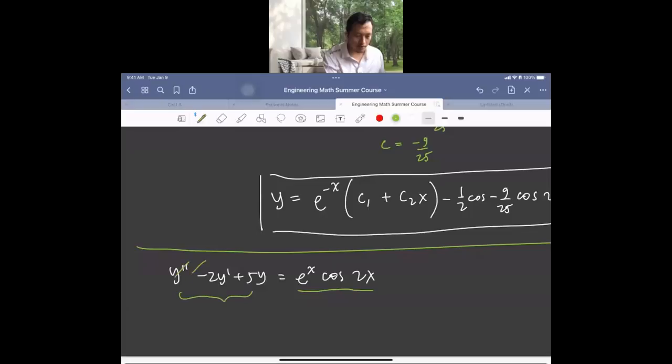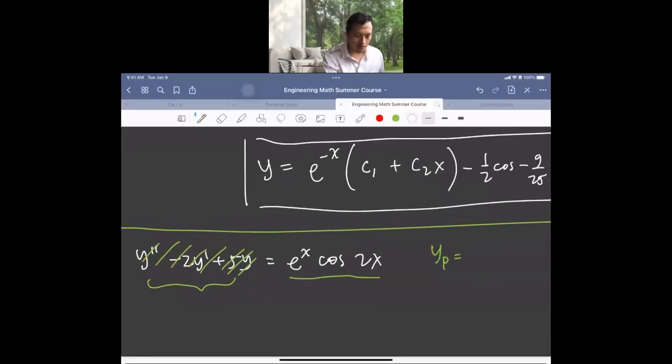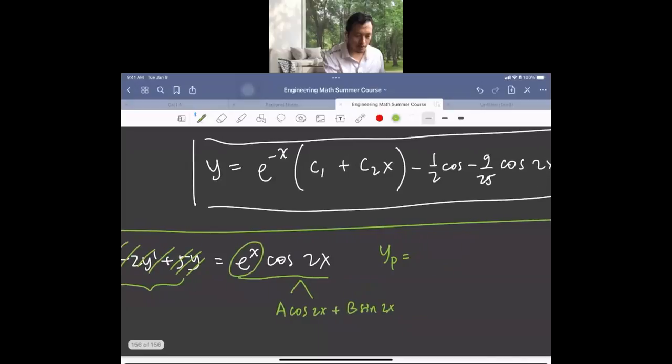First, maybe finding the homogeneous one. But let's consider that we don't know this one, it can be any differential equation. What we can do for the particular solution is, cosine 2x is basically a cosine 2x plus b sine 2x, right?